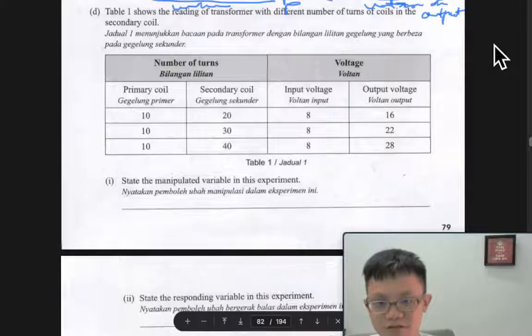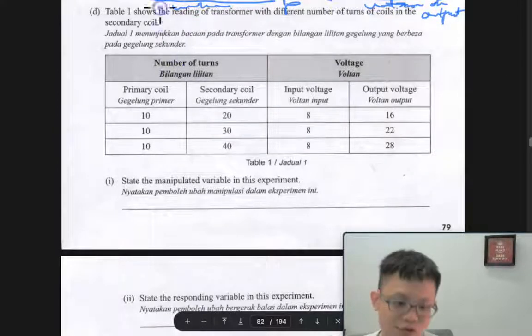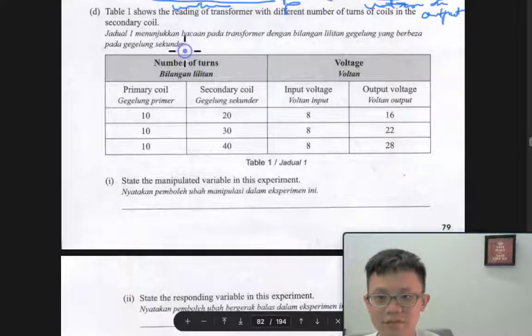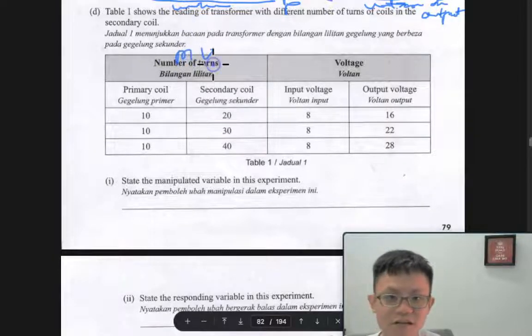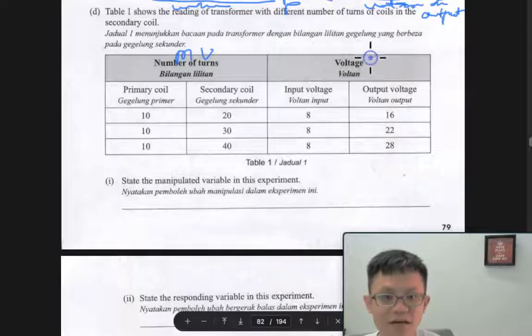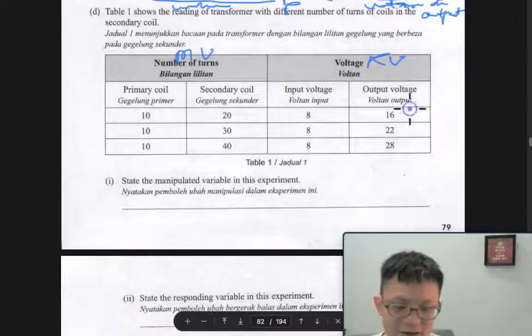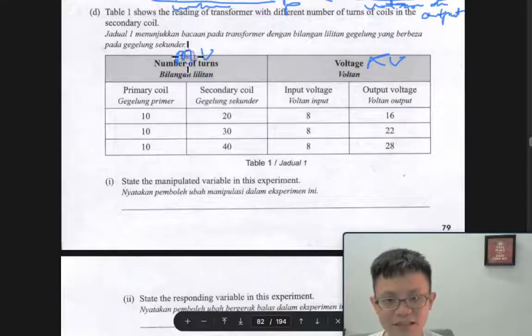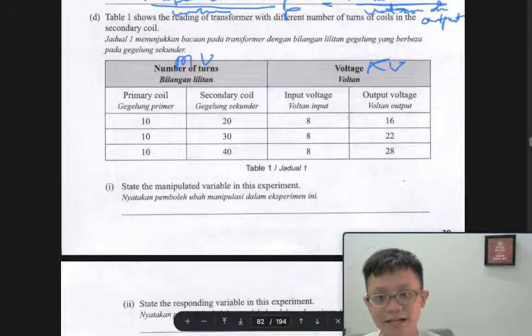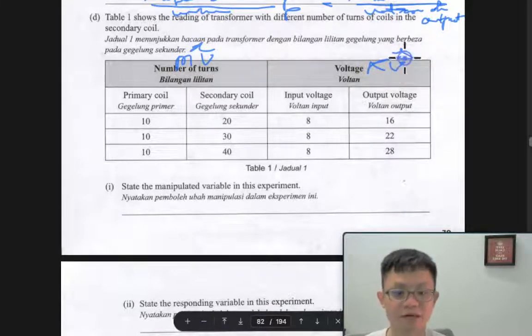Yes, number of turns. So when we look at this picture, usually the first one will be the manipulated variable. You still remember? The second one will be the responding variable. Usually it's always like that. In your hypothesis, there are always two variables, x and y. Usually x will be the manipulated variable, y will be the responding variable.